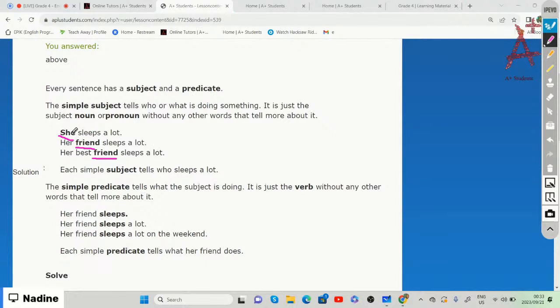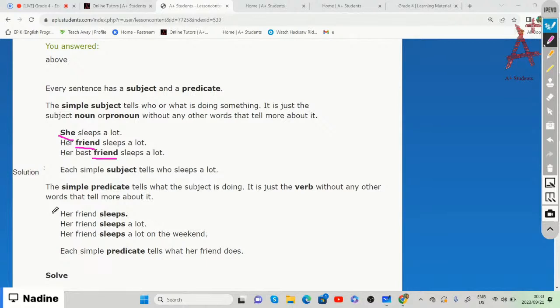The other words, such as her, best, a, the, we do not add. We only put down the noun or pronoun without any other words that tell us more about it. That is a simple subject.